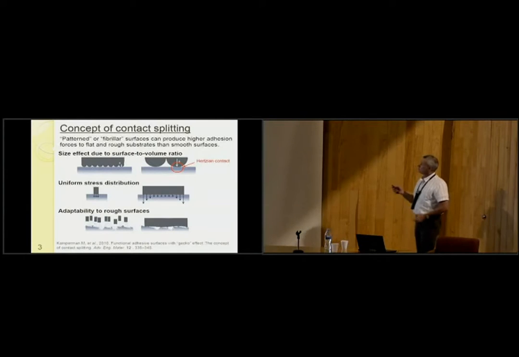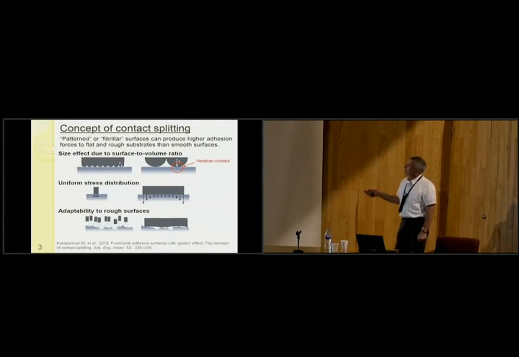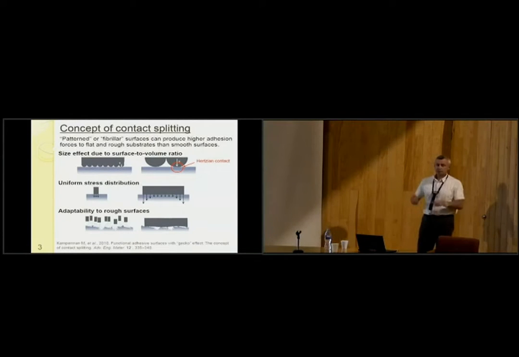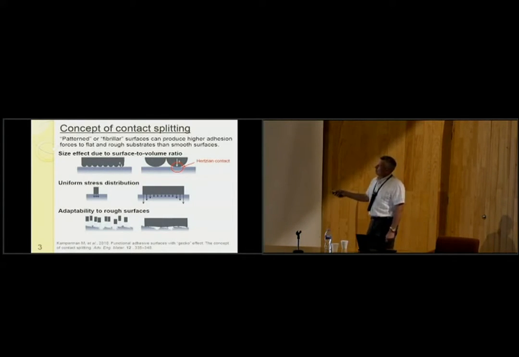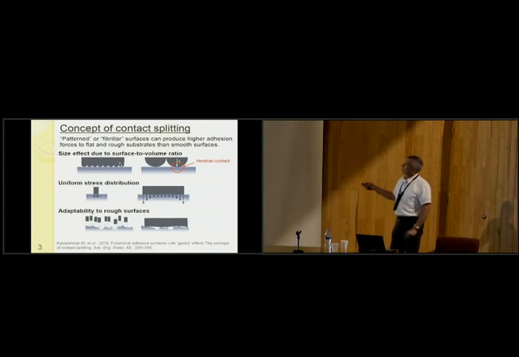In order to explain the ability of the gecko, the concept of contact splitting was introduced. Many factors contribute to this phenomenon, and in particular the size effect due to surface to volume ratio, when we consider a number of very small contacts and compare with a large contact.